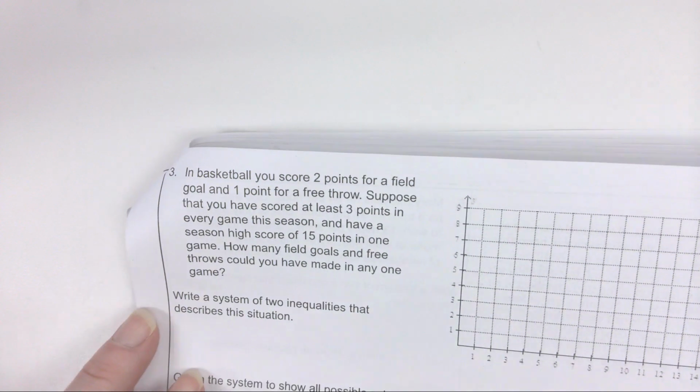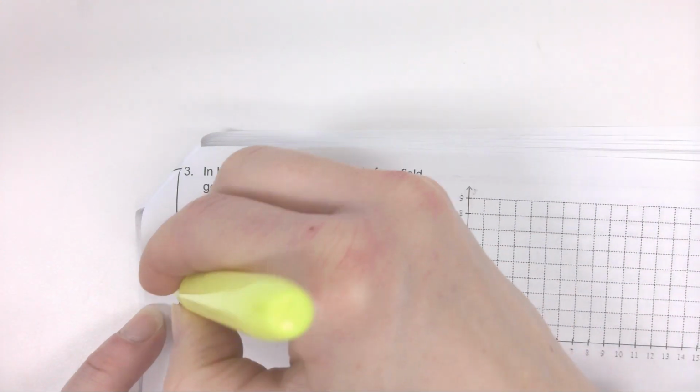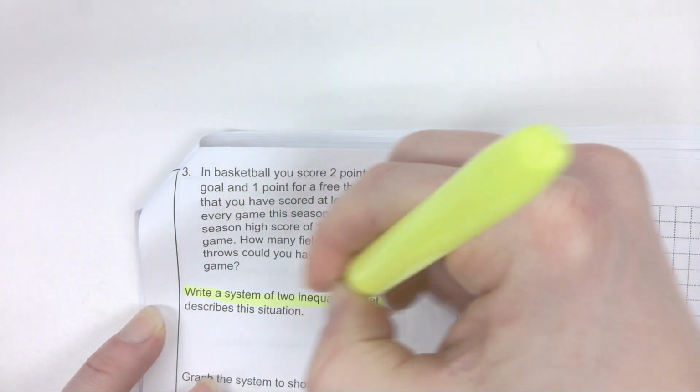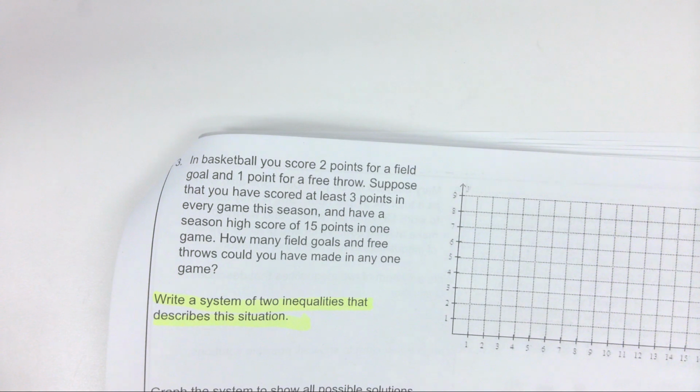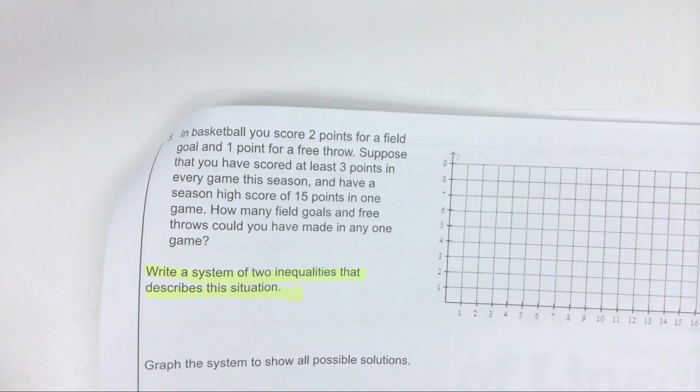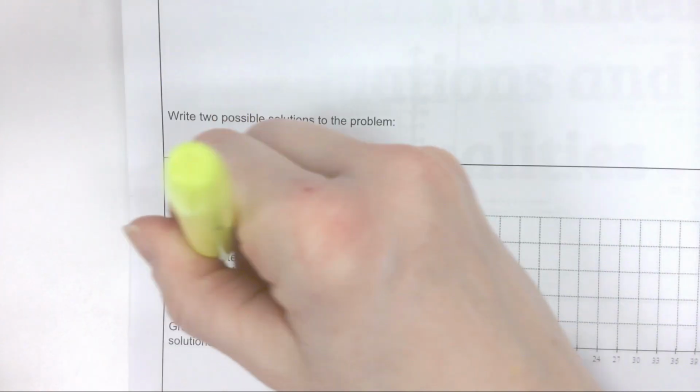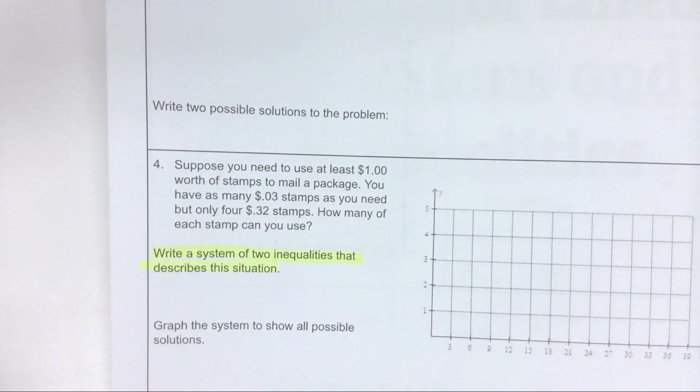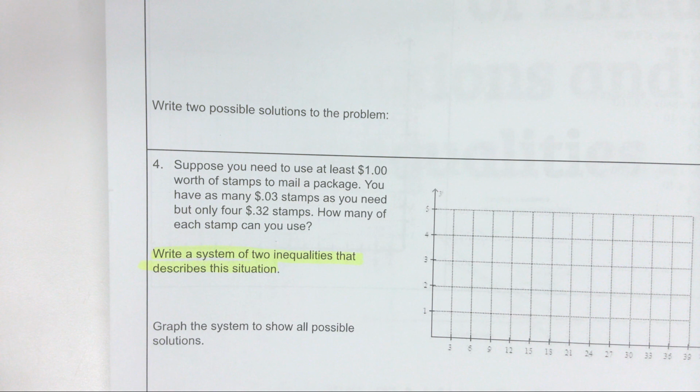Number 3 says write the system of 2 inequalities. How many are you going to write for this one? 2. And you're going to do the graphing and shading thing. Number 4, write a system of 2 inequalities. So how many are you going to write here? 2. Okay, just make sure we're following directions. So those 4, you're doing all of them. You're going to write them and graph them. That's your assignment.